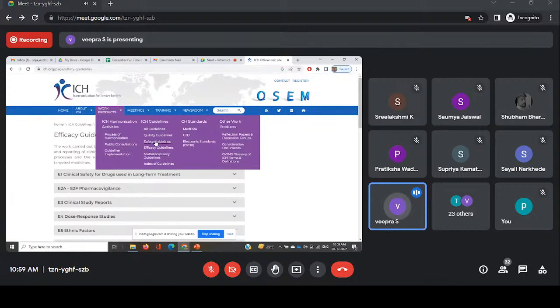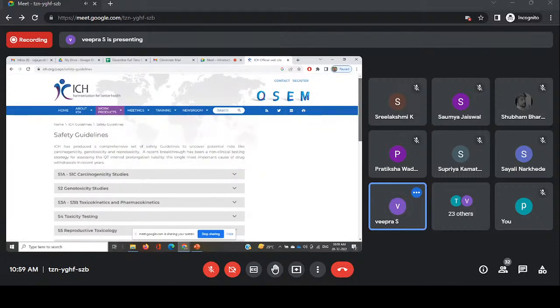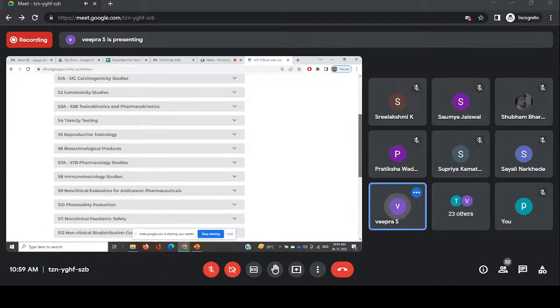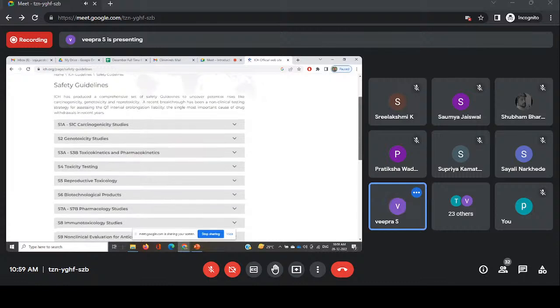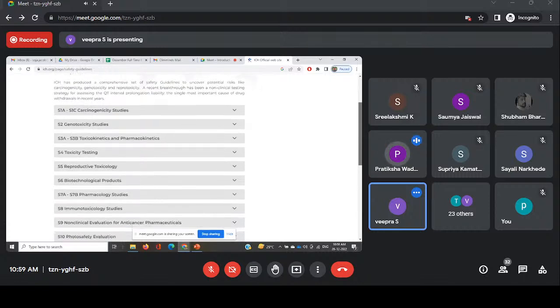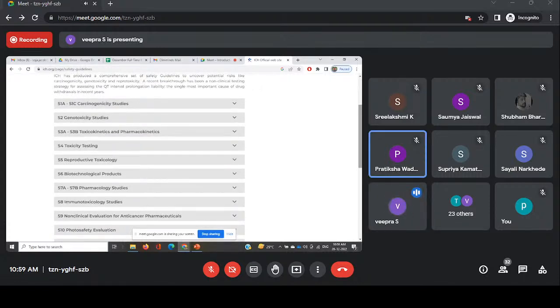So what will the safety guideline give? Do you know anything about these? Toxicology studies, preclinical studies, preclinical guideline.